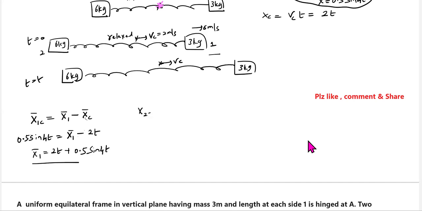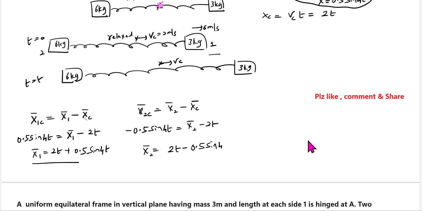Similarly for block 2, x2c equal to x2 minus xc. This will be towards left, minus 0.5 sine 4t equals x2 minus 2t. So the displacement of block 2 will be 2t minus 0.5 sine 4t. In what direction will the block be moving? Towards right only.